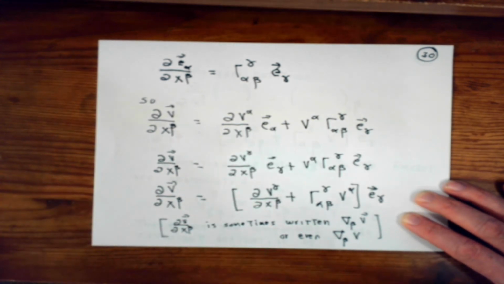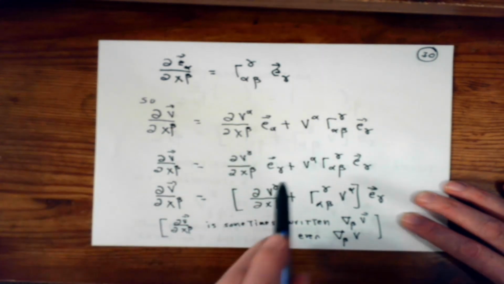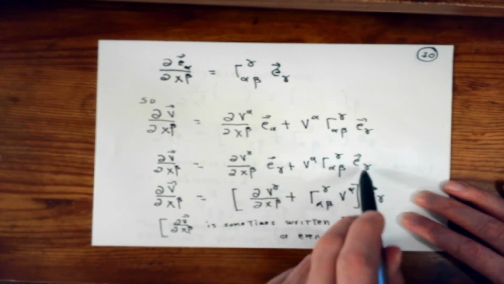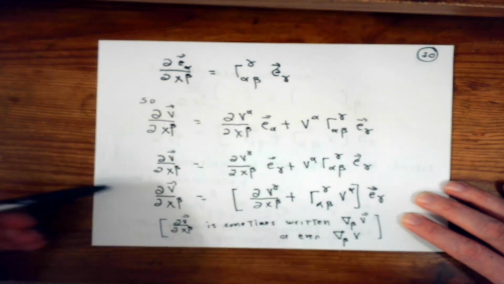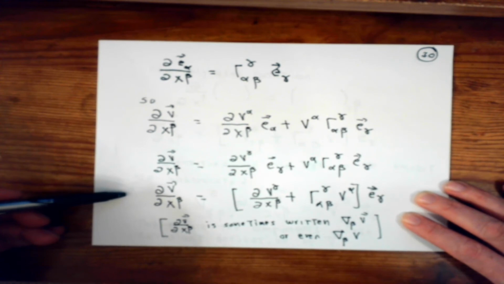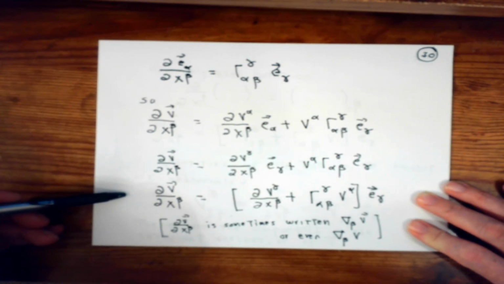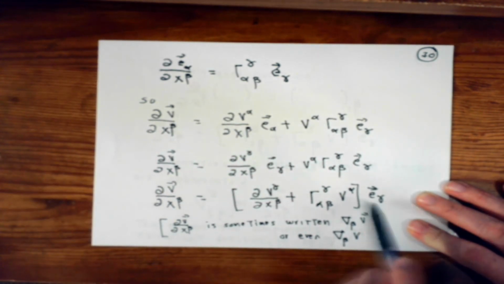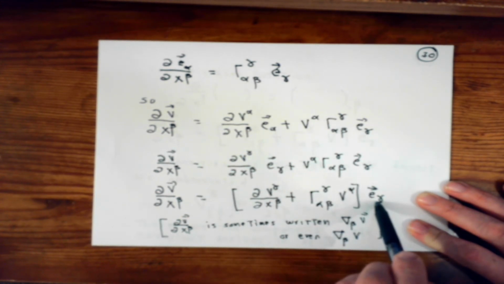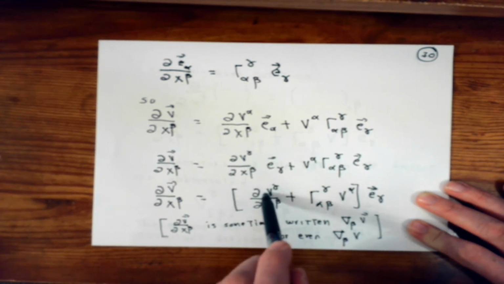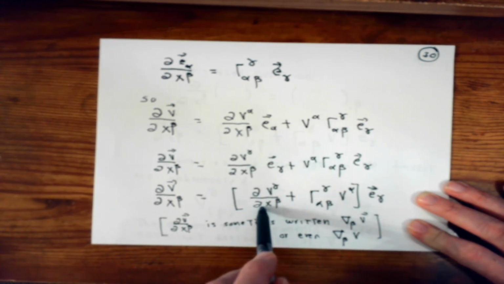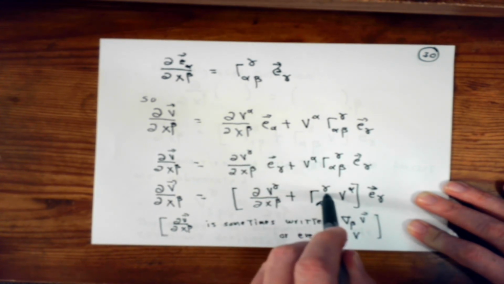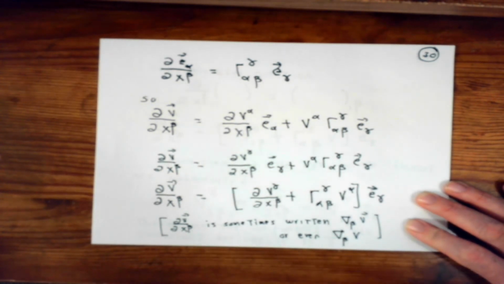The reason I want to do that is the index on the E vectors is then the same. The partial of V with respect to x beta is a sum over gamma of some numbers times E gamma, and these numbers, the partial of V gamma with respect to x beta plus capital gamma gamma alpha beta V alpha, are the true partial derivative of the vector V with respect to x beta.